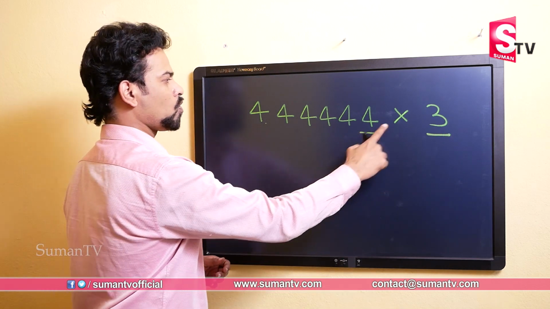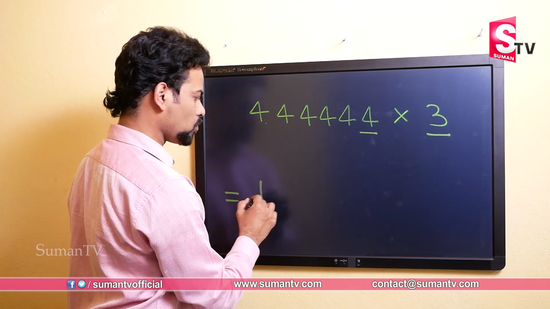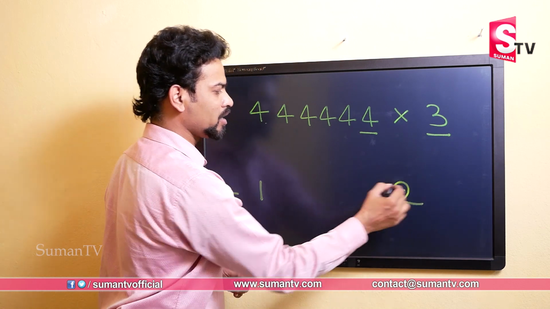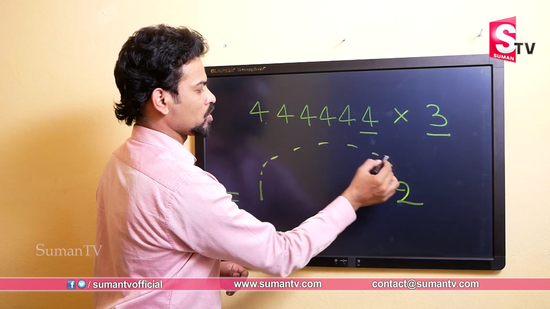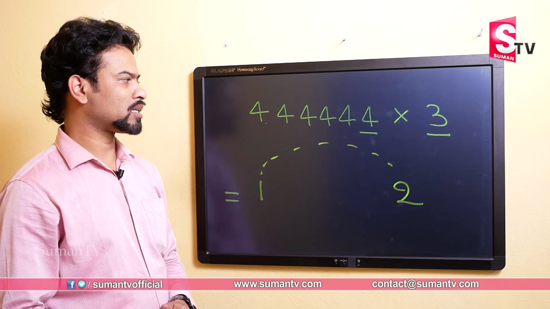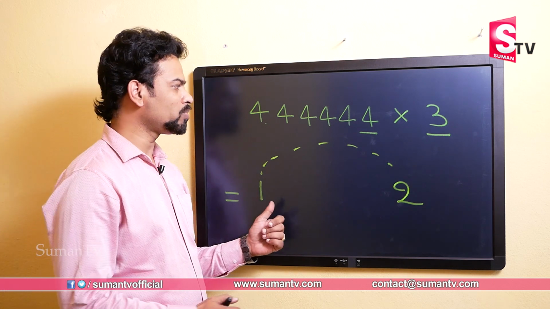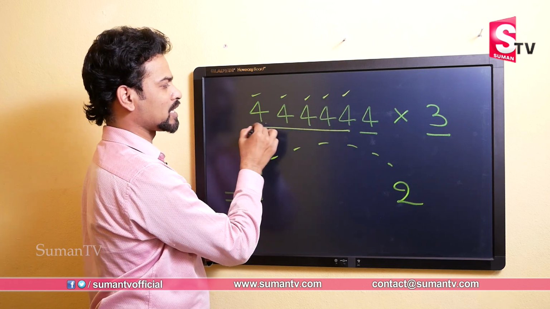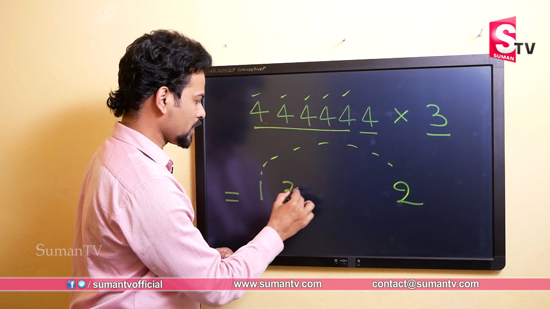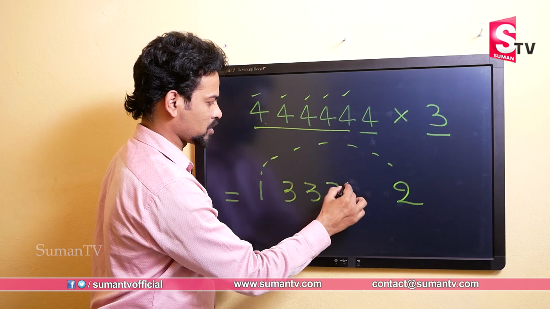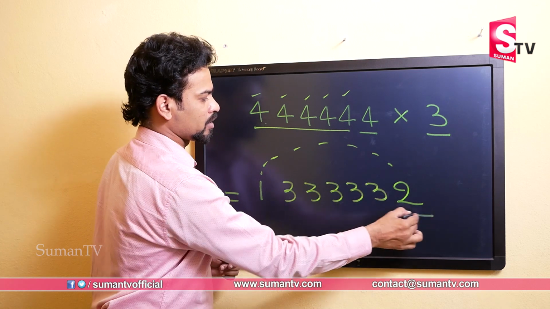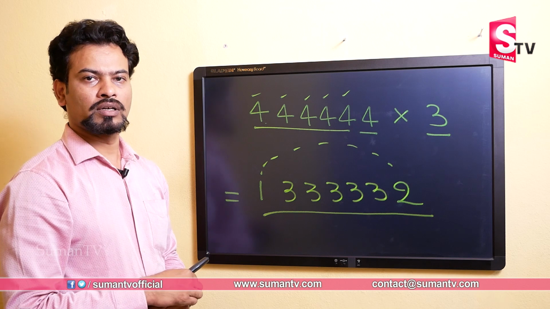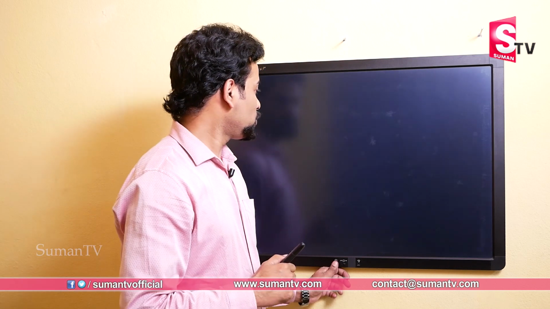So 4 into 3 is 12, 1 this side and 2 this side. Now you add these: 1 plus 2 is 3. And how many 3's do we need to place here? 1, 2, 3, 4, 5. These 5 places are left, so we will put 5 3's here. And this is the final answer. If you want more examples, we can do.